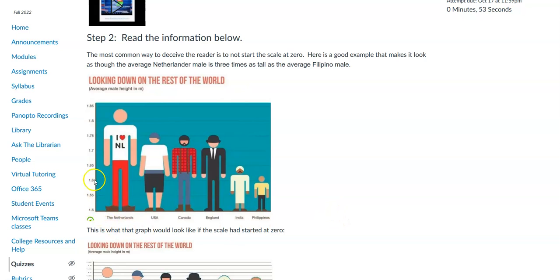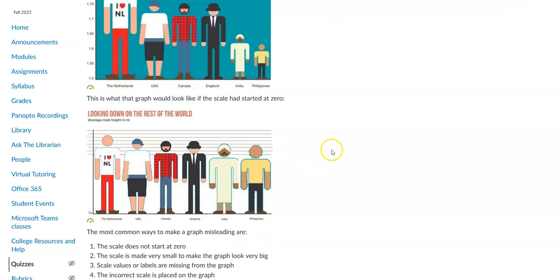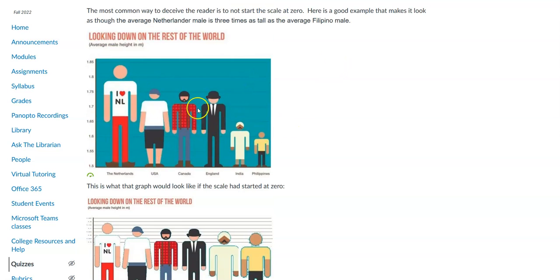And so all they're showing is the difference in height above that, which this person didn't go that far above 1.5 meters. This person went quite a bit above. But look what it looks like if we actually start at 0. What the people that are above the 1.5 is here, and so forth. So really, if you start at 0, you see that we still see the Netherlands as the tallest, but not so crazy different as here.